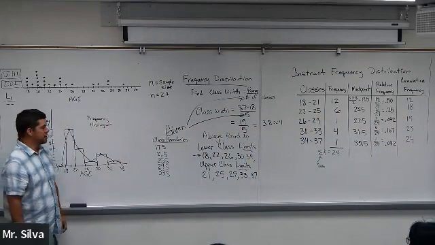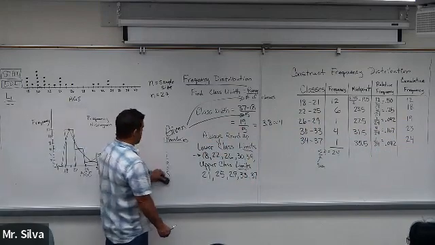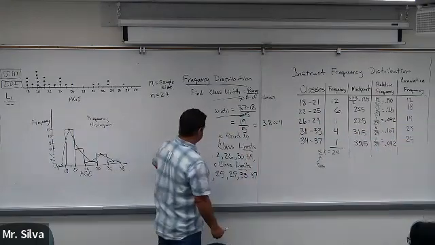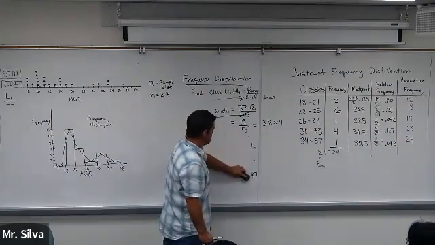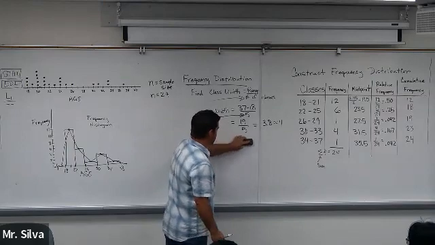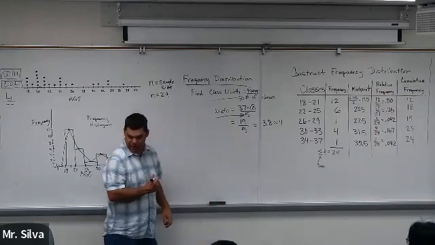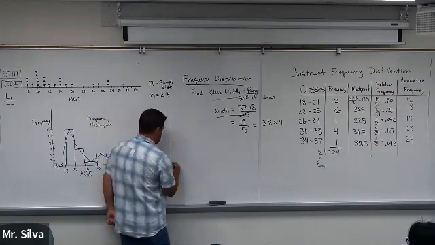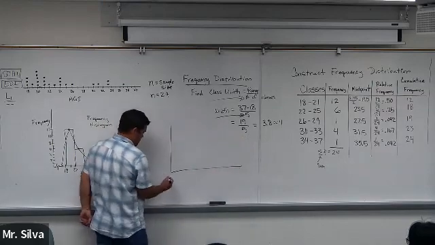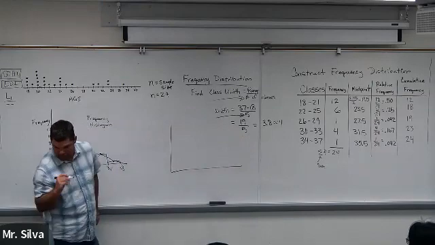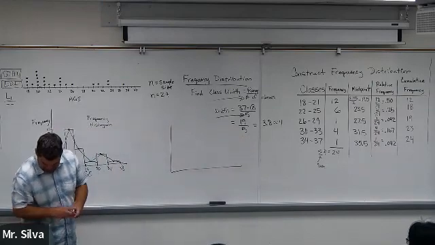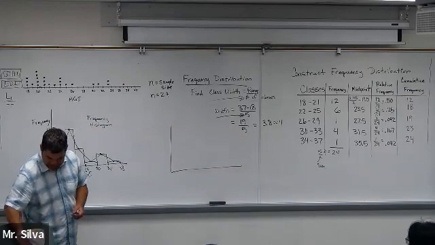Okay, so to construct this, I'm going to try to keep this up here, because you might need it when you start your homework. I'm going to construct a frequency distribution. So again, we're going to have the ages of everyone on my x-axis.